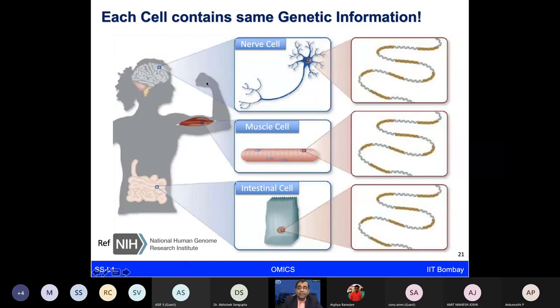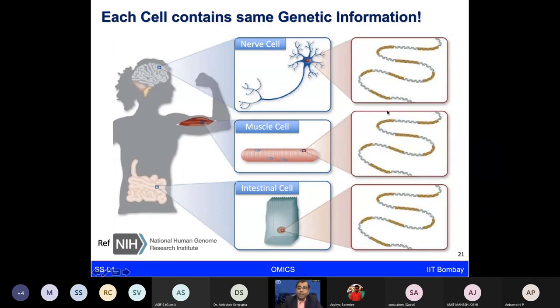So now all the cells contain all the genes, but not all the genes express protein in all the organs, because otherwise it would waste the cell's energy to make all the proteins for every single gene everywhere. So in the nerve cell, only specific neurons' genes are going to express, and only those proteins are going to be produced. In a muscle cell, only specific proteins are going to be expressed and produced. In an intestinal cell, only those proteins will be produced which are important for those functions.